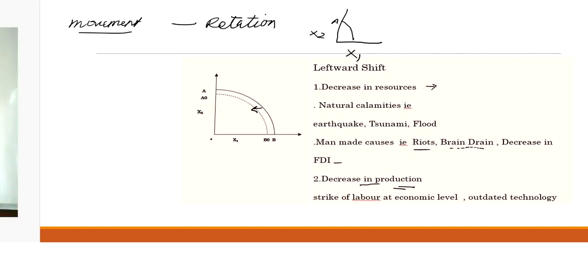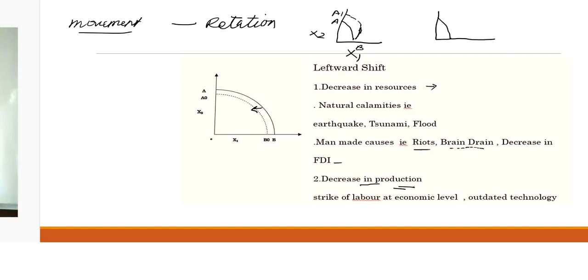Suppose you don't have sufficient resources, or you are unable to improve the technology of both commodities. You only improve the technology of X2 for the production of X2. The result will be this. Means production of X2 will increase from A to A1, but the production of B will remain the same. That is rotation. Similarly, you can do it with X1.